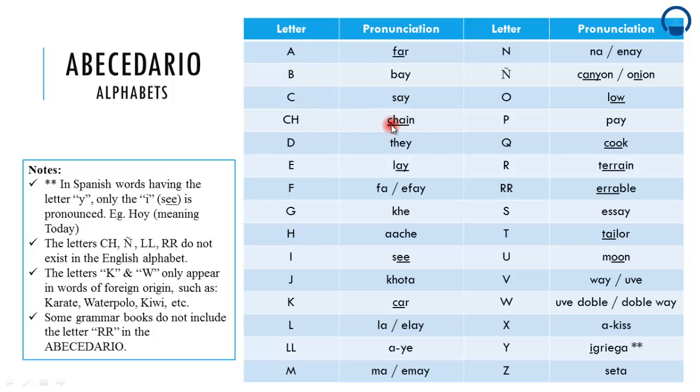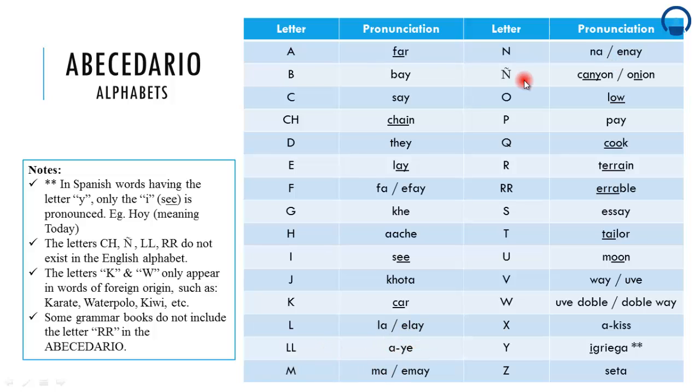CH is che, just like what we pronounce in the English word chain. So just remove the N and what we get is che. D is de. E is a. F is efe. G is k. H is ache. I is e. J khota. K ka. L la. Double L ia. M ma.